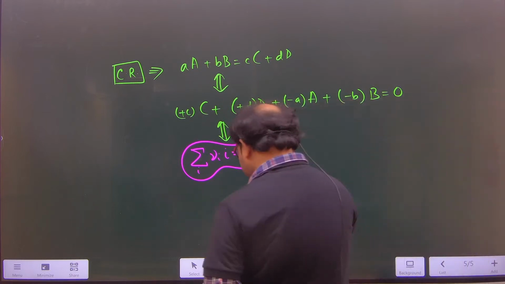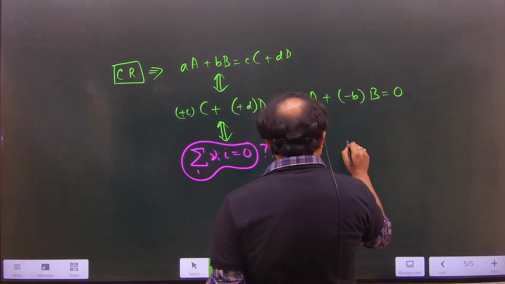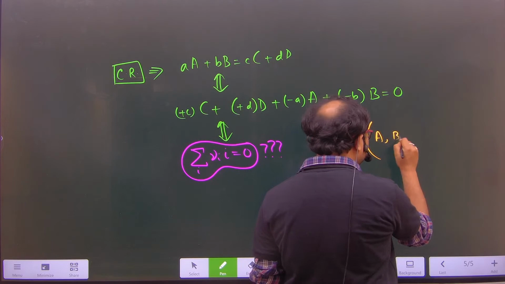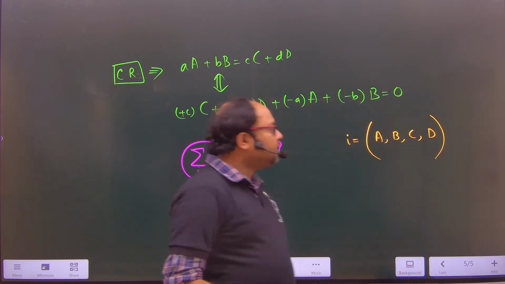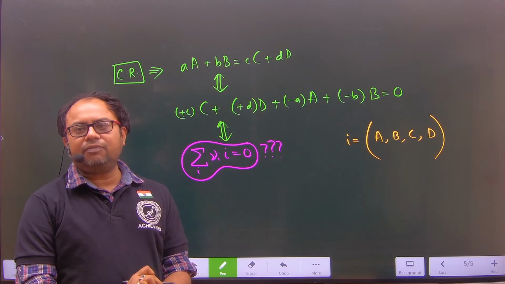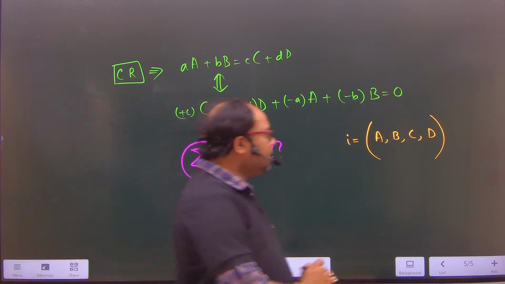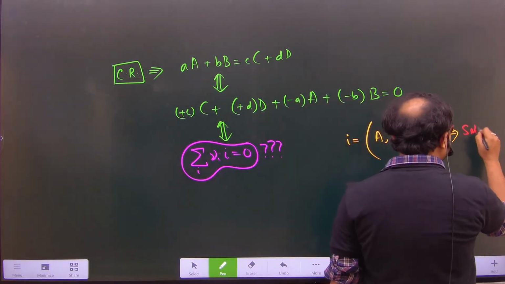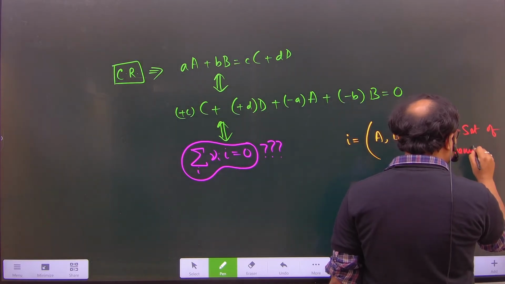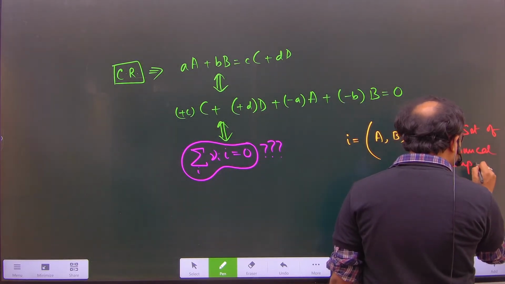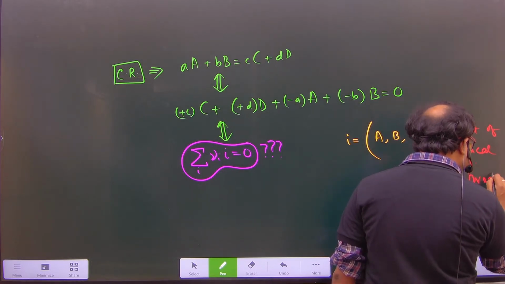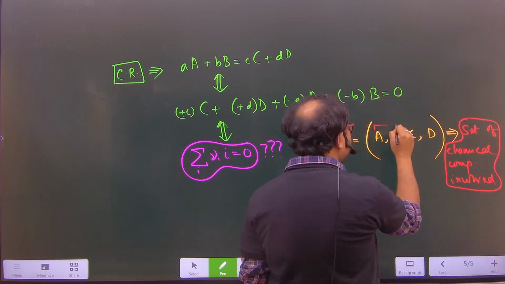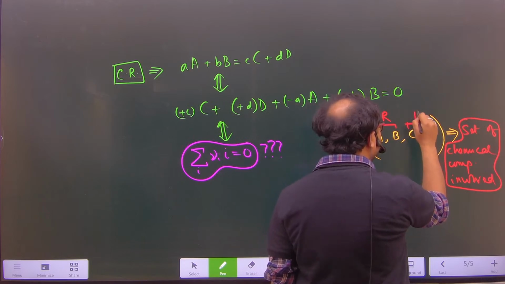See, here small i refers to the set of the chemical components involved in the reaction. A and B are reactants, C and D are products.